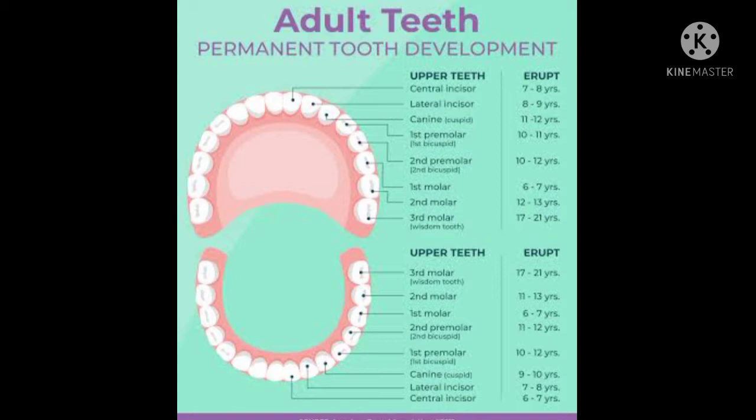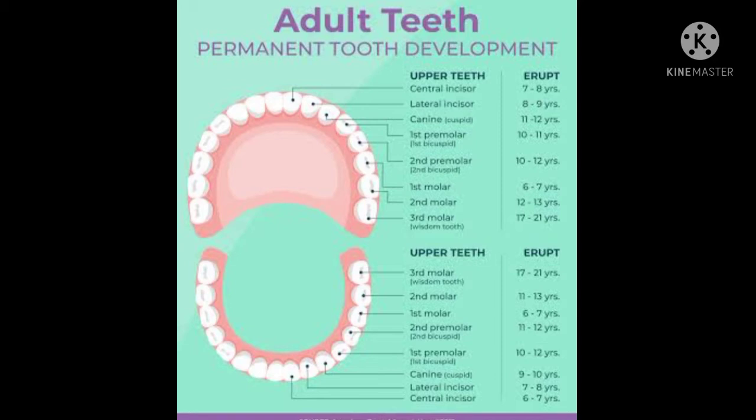The central incisors erupt at the age of 7 to 8 years. Erupts means से कब निकलते हैं. When the teeth fall out, after that when they come out, at what age they come out, that is known as erupt. Then the lateral incisors erupt at 8 to 9 years.